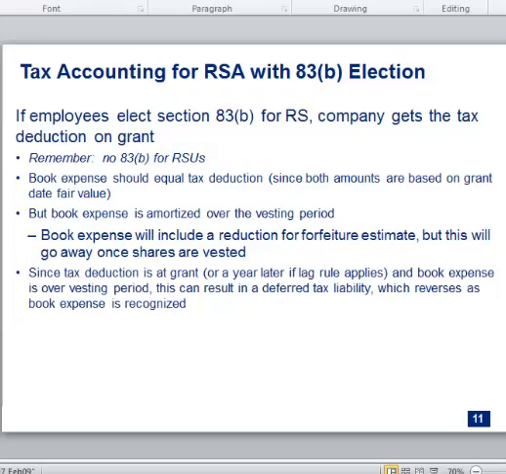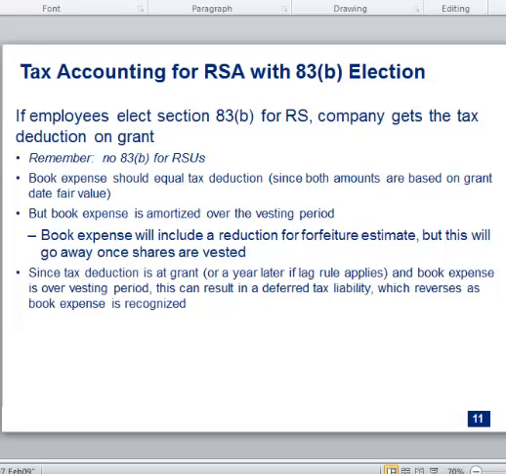Okay, if we get a restricted stock, and so let's say Cindy gets a share of stock and they say, okay, here's the share. You don't get to keep it unless you stay working here for a year. Cindy says, this stock's going up. I'm making an 83(b) election. Okay? So on day one, she picks up 25 of income.